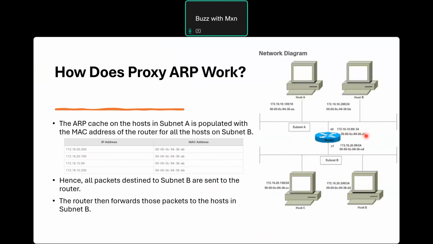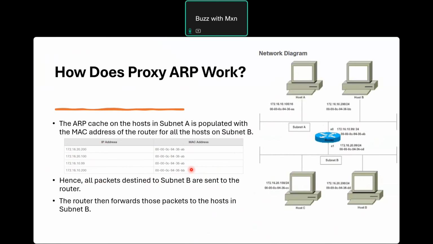Whichever traffic comes from subnet A and wants to reach subnet B will be sent to the router interface E0 with MAC address 36AB, and you see that all the different IP addresses are mapped to the same MAC address here.